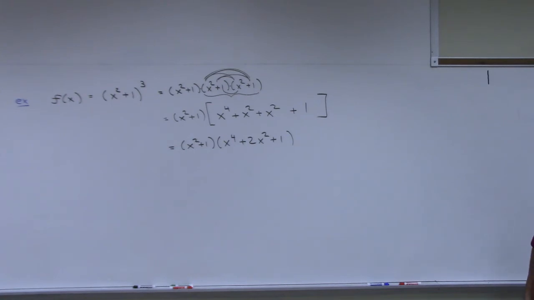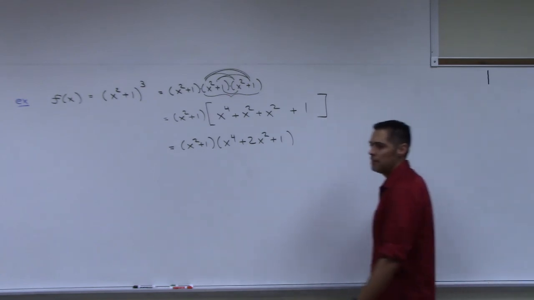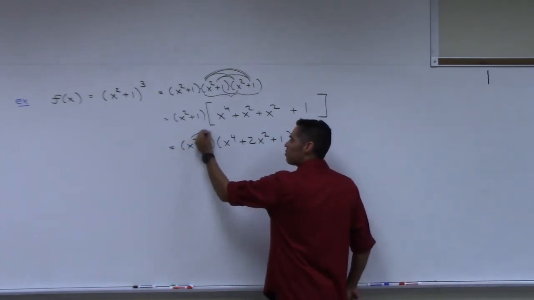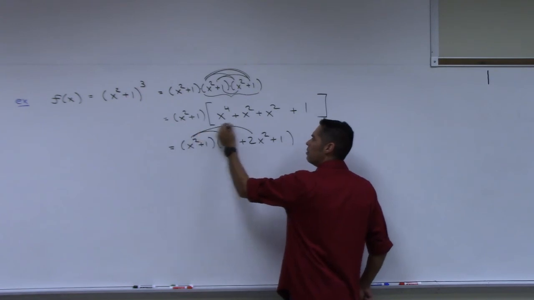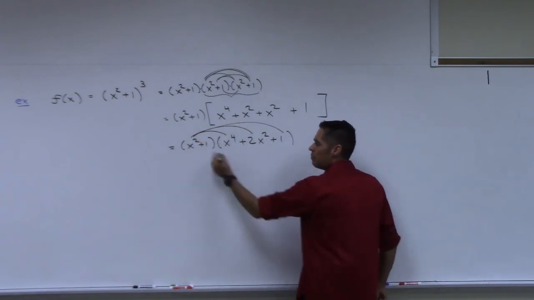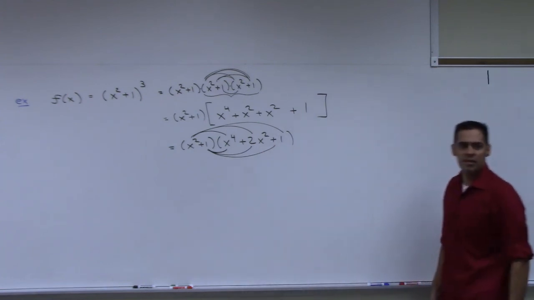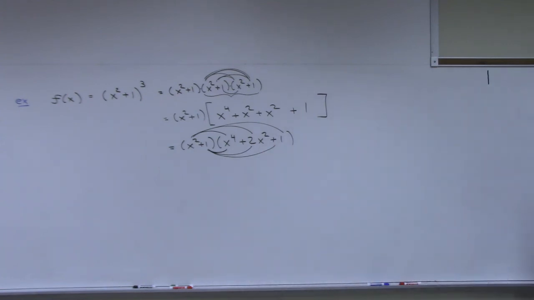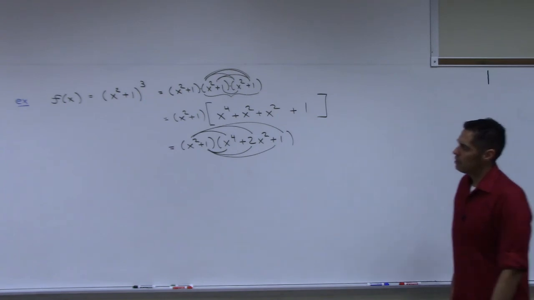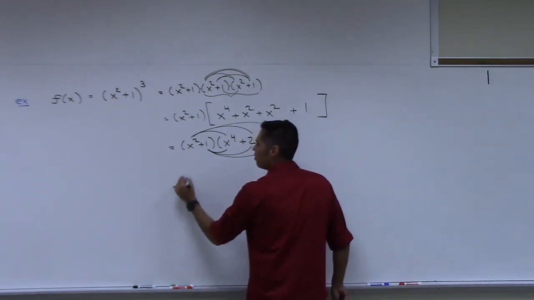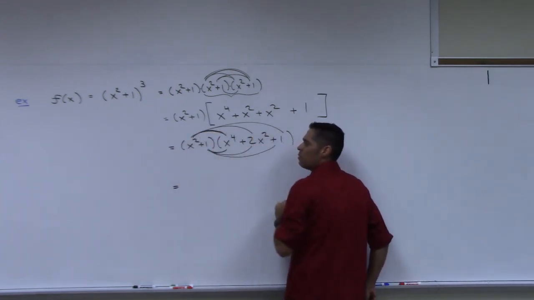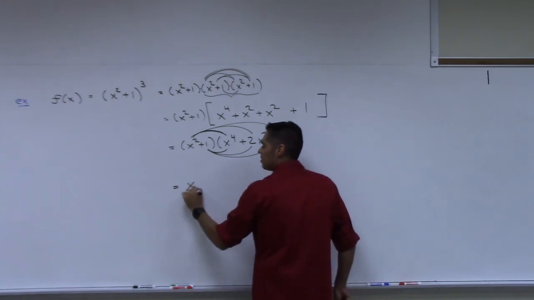Any questions there? Now, we have to do it again. We start with the x squared. It must multiply through to all 3. And then we do the 1 through to all 3. And we should have a total of 6 terms when we're done. So what is the first multiplication? X squared times x to the 4th. What is that? X to the 6th.